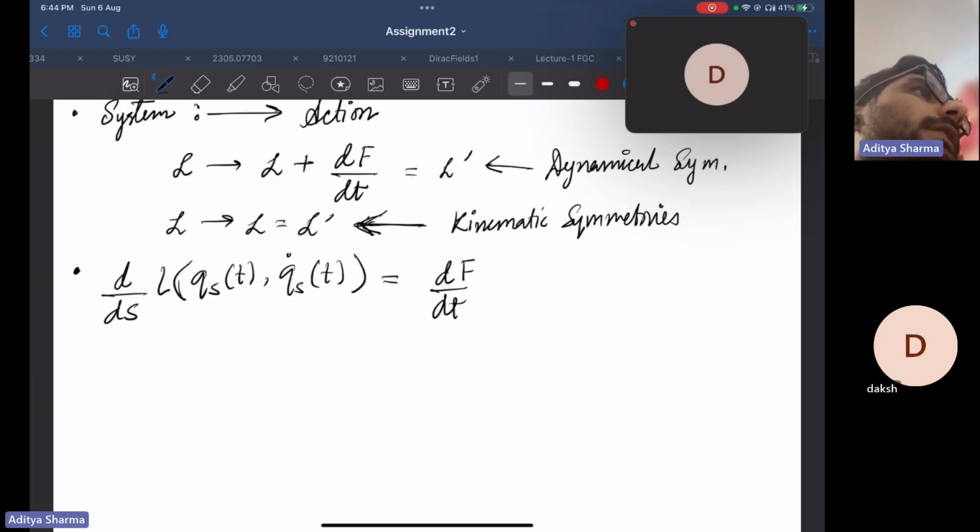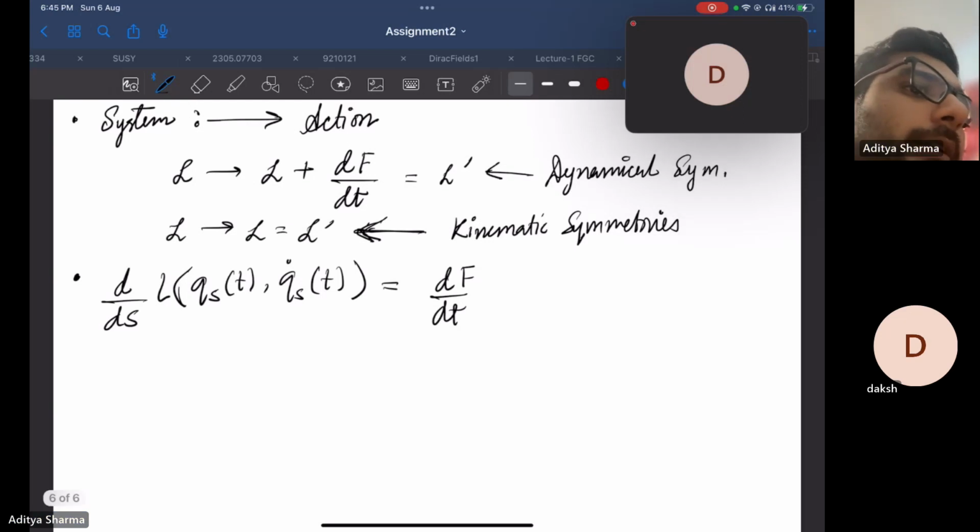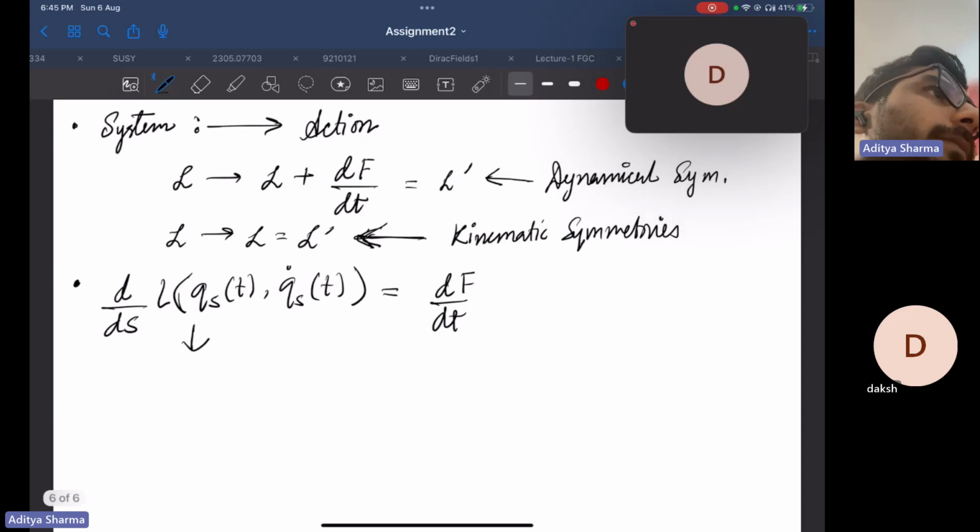And what this will do is just put a term.